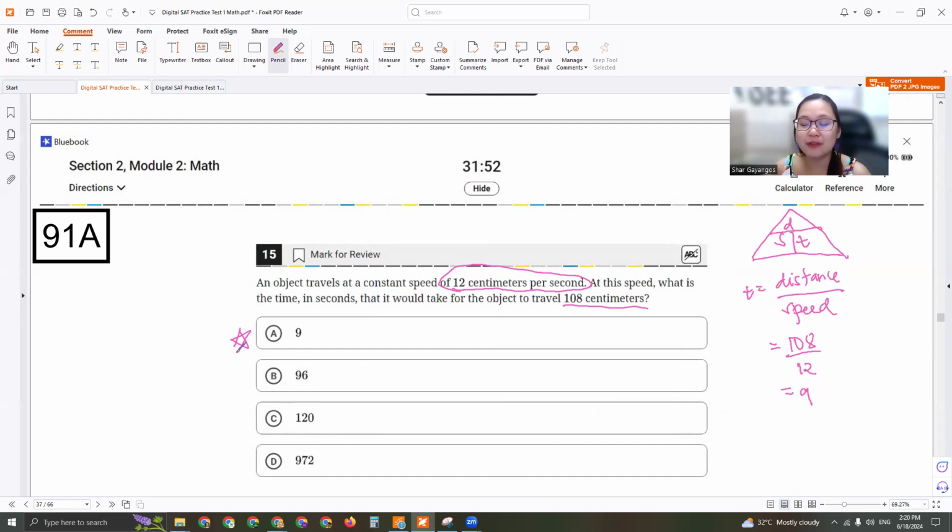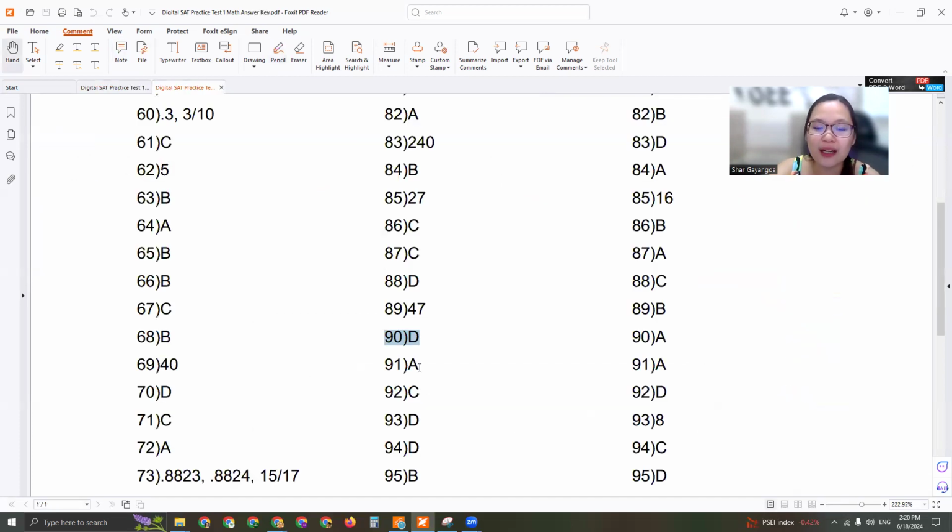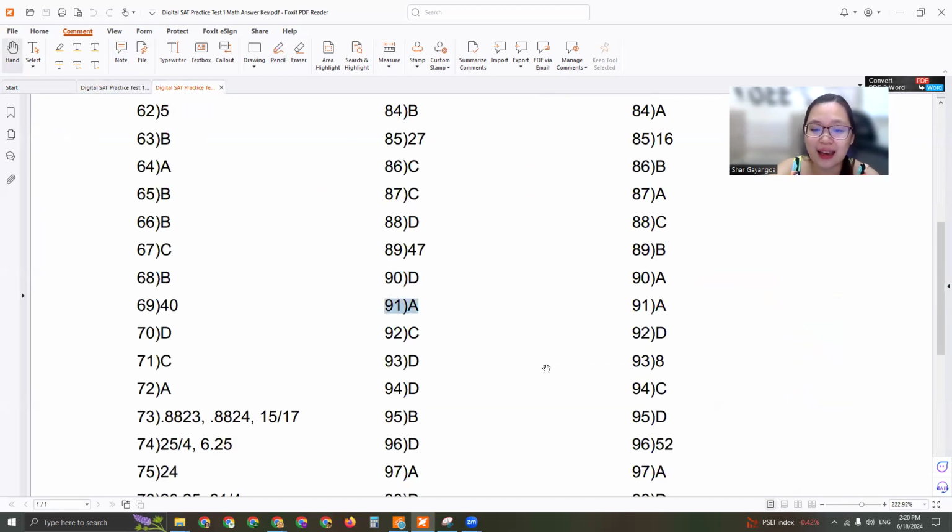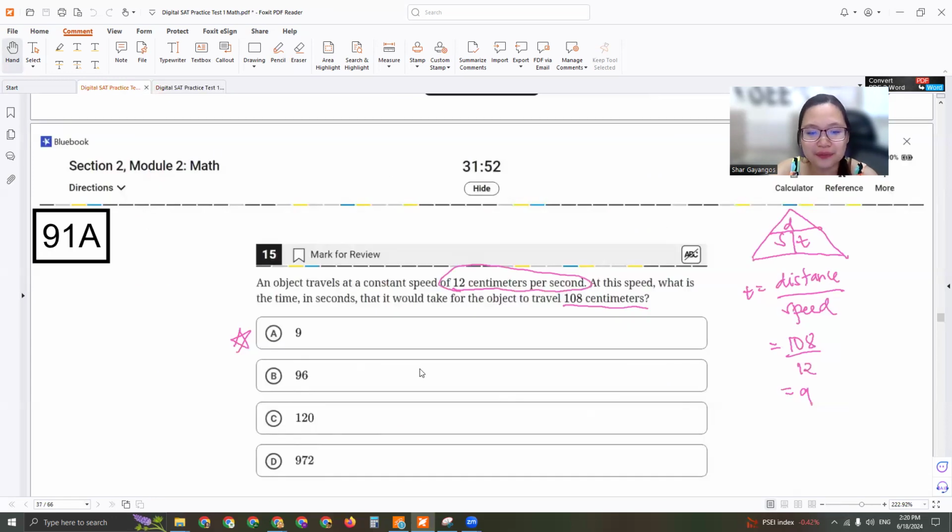For example, right off the bat, I knew right away that 108 over 12 is 9, and all I have to do in the calculator is just double check if I'm feeling doubtful of myself. And that is the advantage of making sure you're still practicing your arithmetic skills, even if these tools are already available. All right, and let's double check. We got A here for 91. Let's continue.